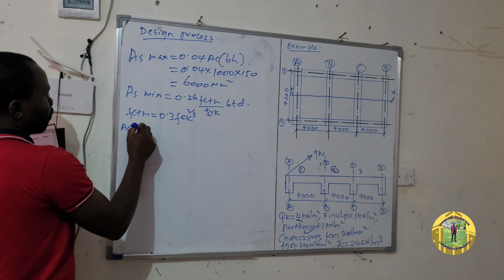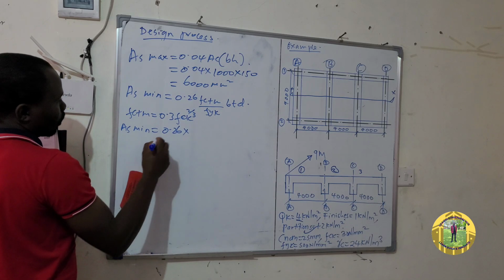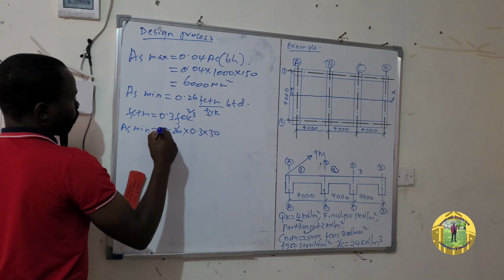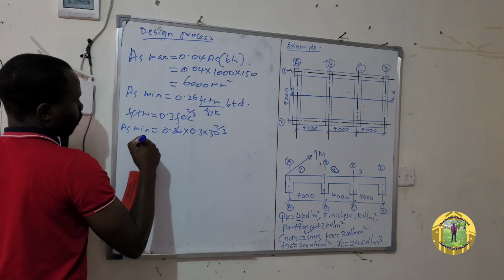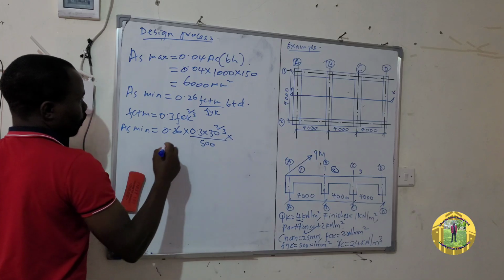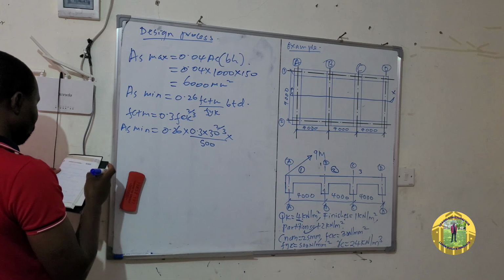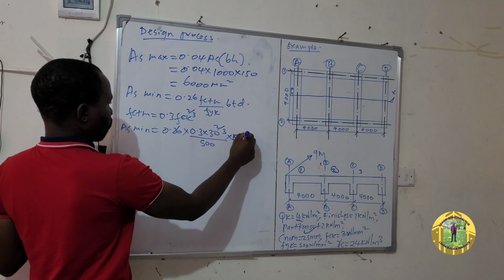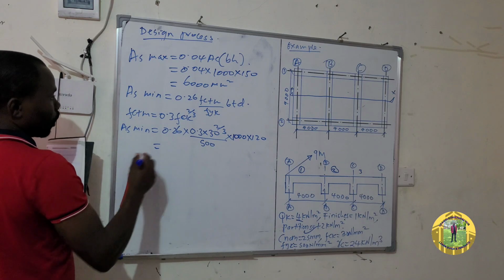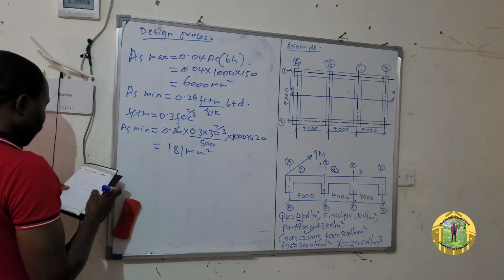Therefore, area of steel minimum is equal to 0.26 times 0.3 times 30 raised to power 2 over 3 all over FYK, which is 500, times BT, this is 1,000, times 120. So this one is equal to 181 millimeter square.